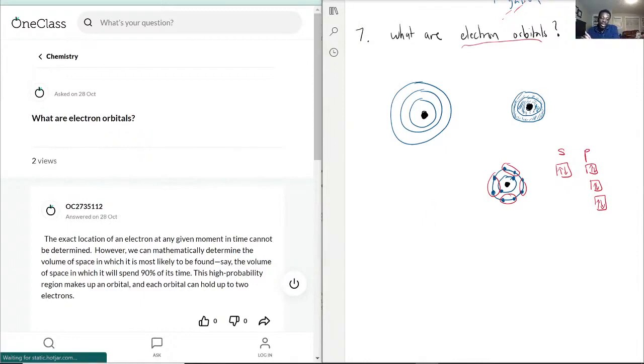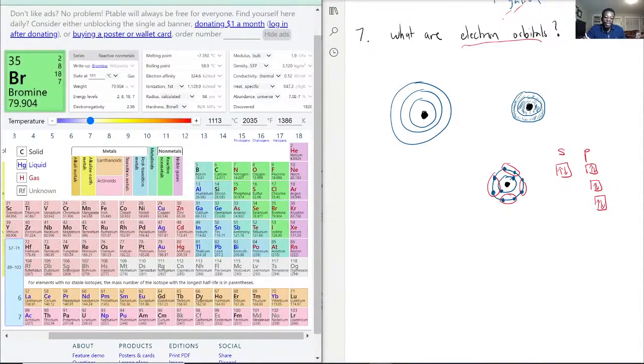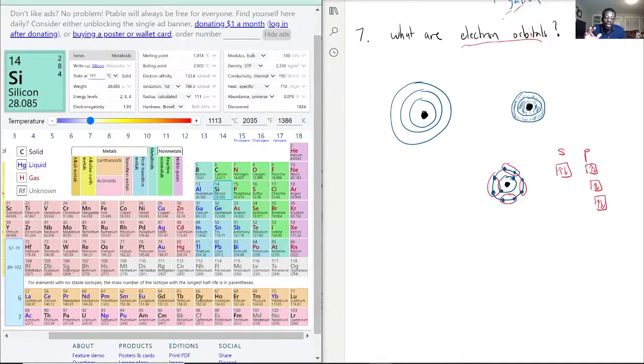Point being, if we're looking at the periodic table and they asked how many valence electrons were in silicon, valence electrons means that it's in its most outer orbital. The way you figure that out is by noticing which group it's in, specifically for things that aren't transition metals, because those get really wonky.